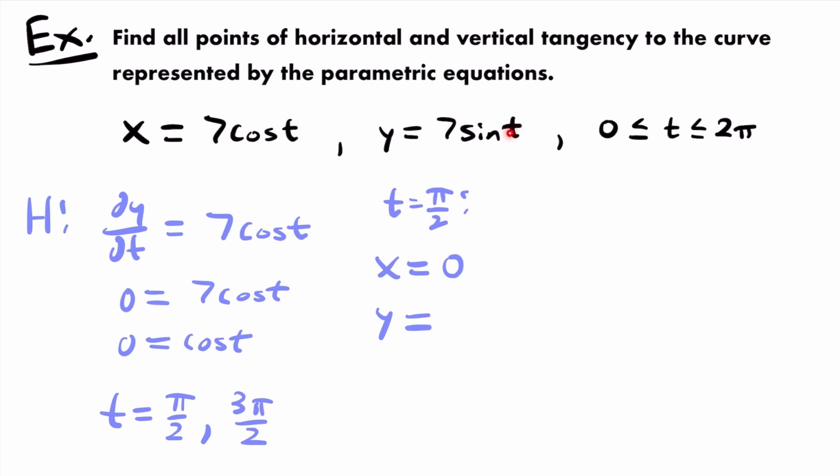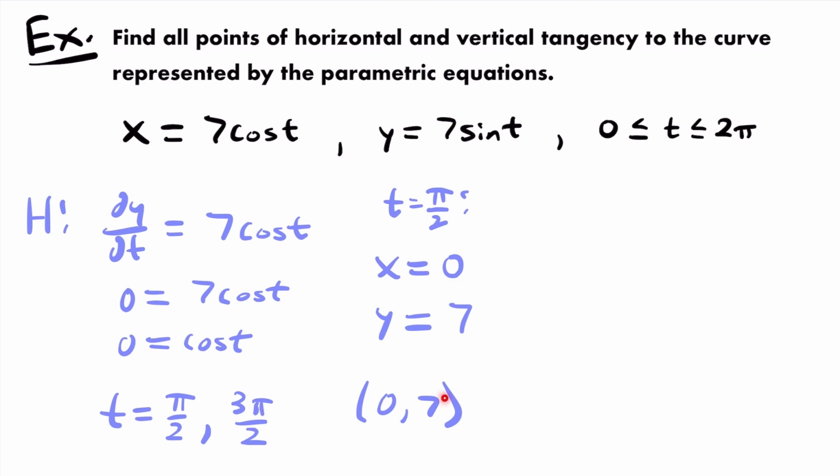Now sine of pi divided by 2 is 1, so y is equal to 7. All right, and so when t equals pi divided by 2, our coordinate point is 0, 7. At 0, 7, we have a horizontal tangent line for the curve represented by these parametric equations.